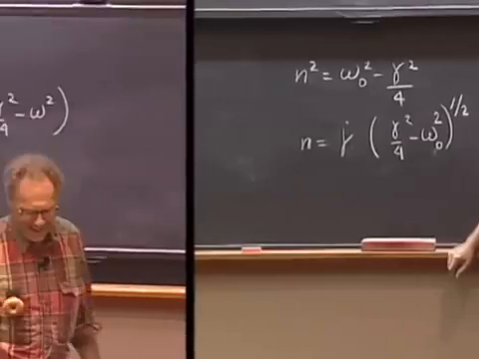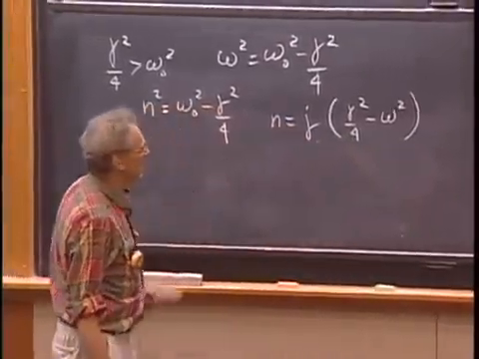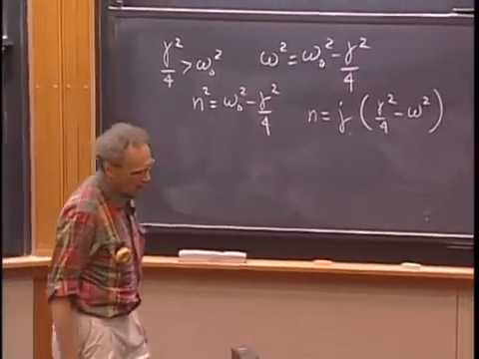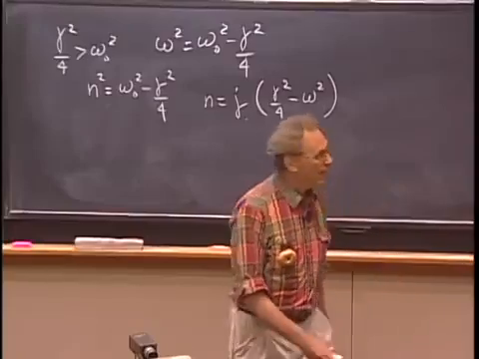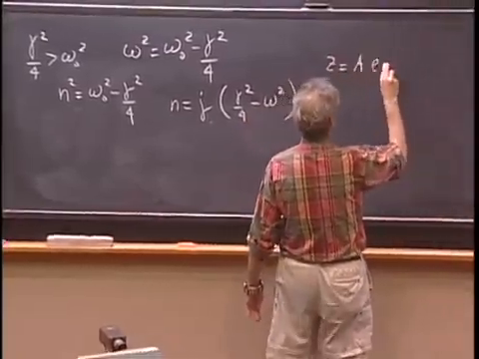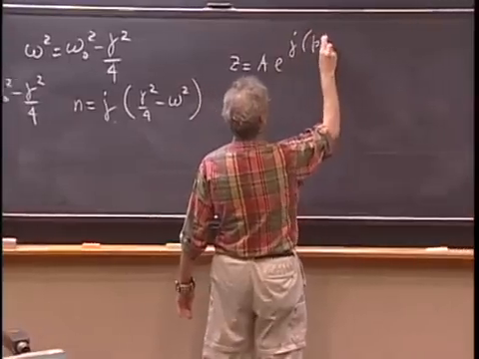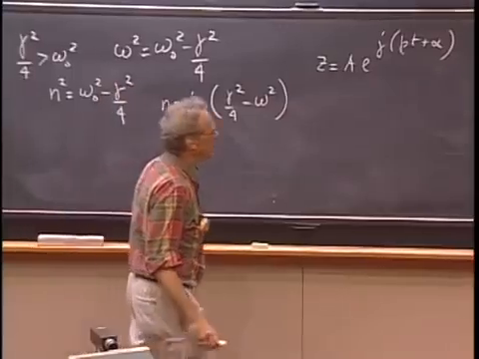Sorry. If now you substitute this back in the equation that we had earlier, when we had the equation that z was a times e to the power j pt plus alpha, and then p was n plus js, remember?